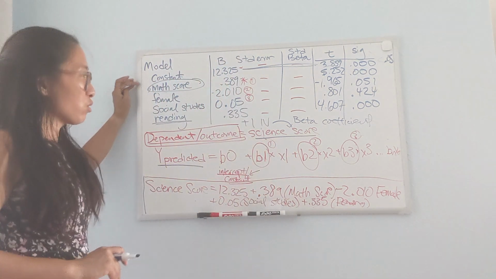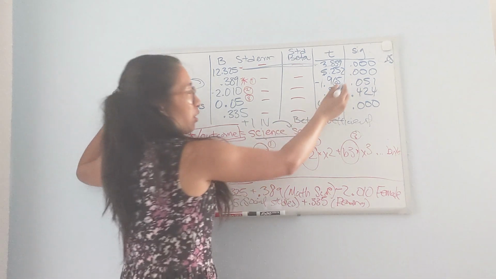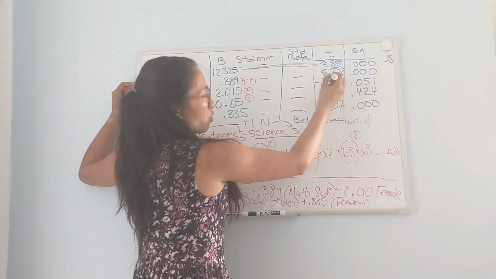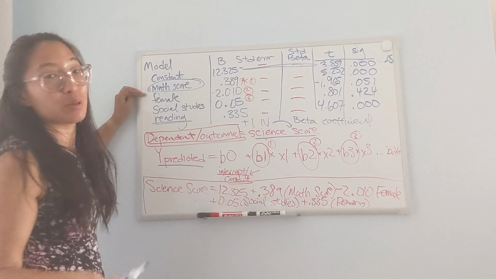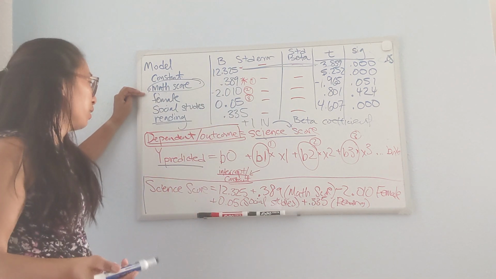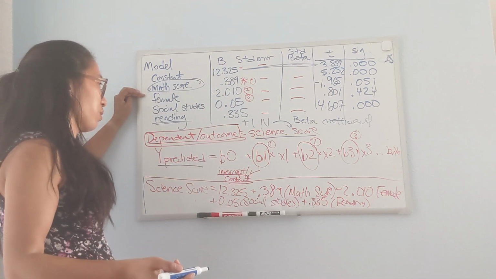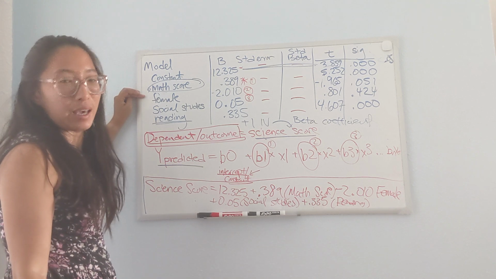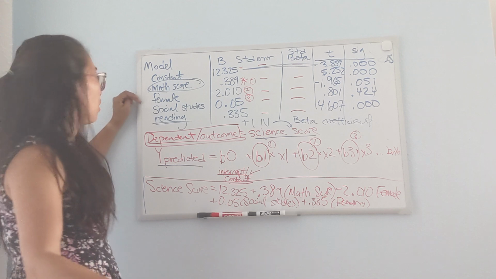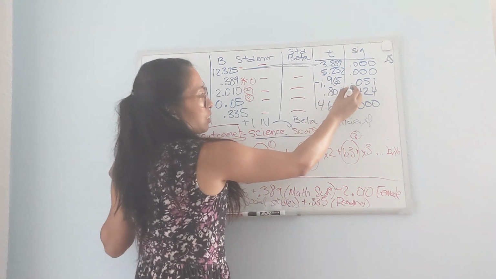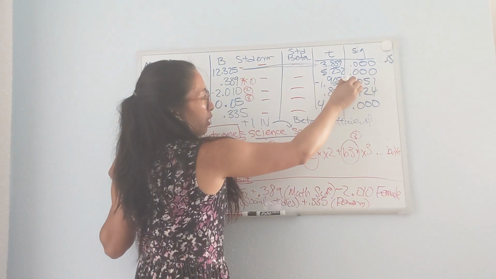So math score has a significance value of essentially 0. This is highly significant. That means math score is a predictor of our dependent variable, science score. Okay, so those are two variables that are related. We go to the next variable. This doesn't quite meet the cutoff.